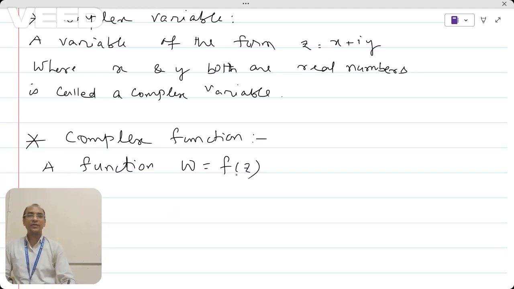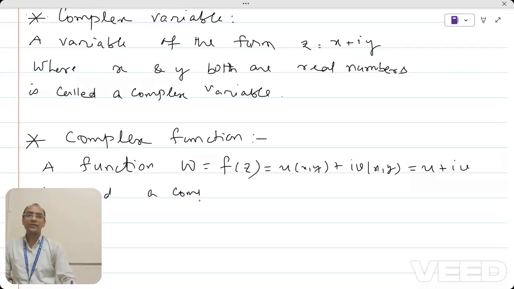Z is function of xy, but here w or f is a function of z, which is written as u of xy plus i v of xy, or simply you can write as u plus iv, is called a complex function.